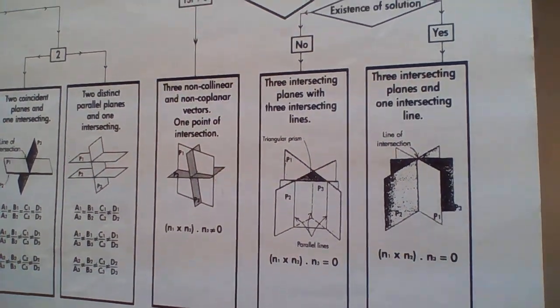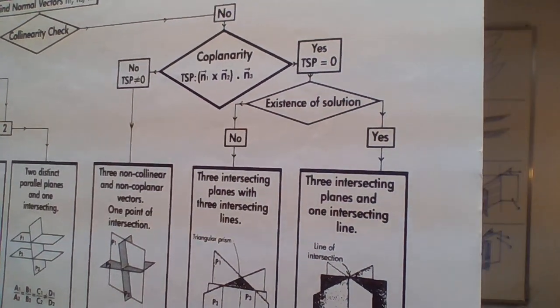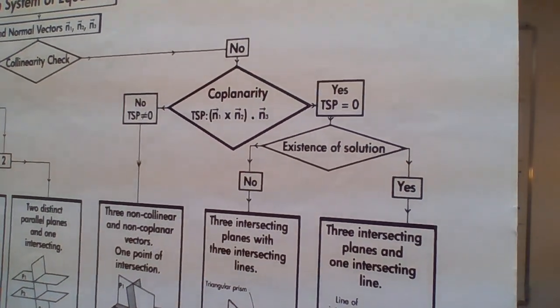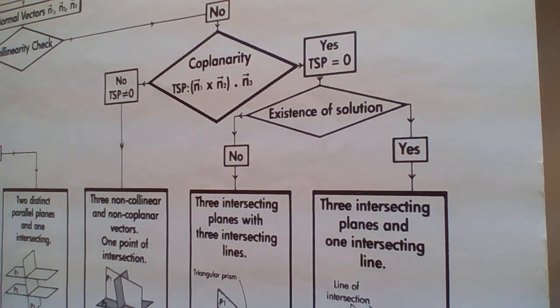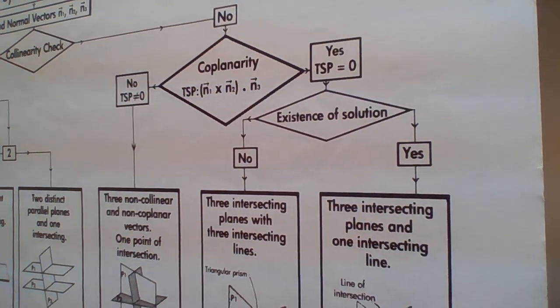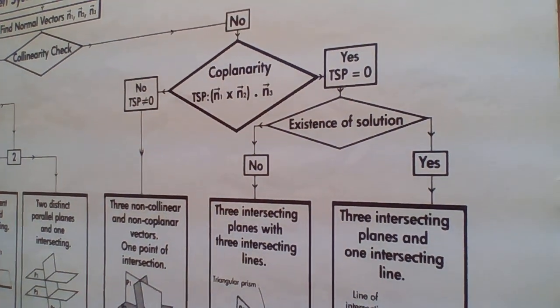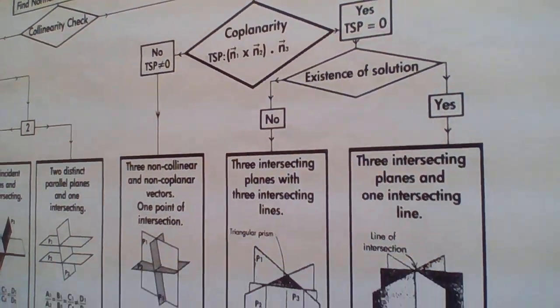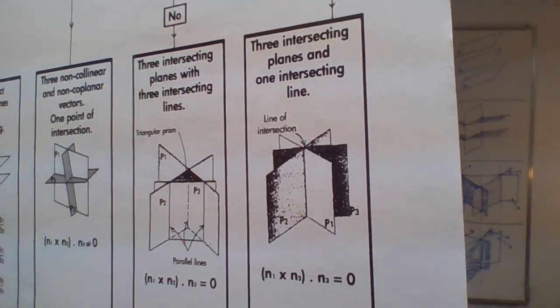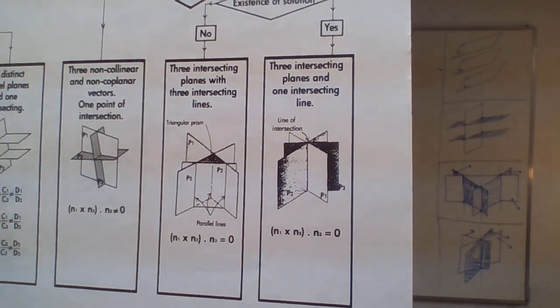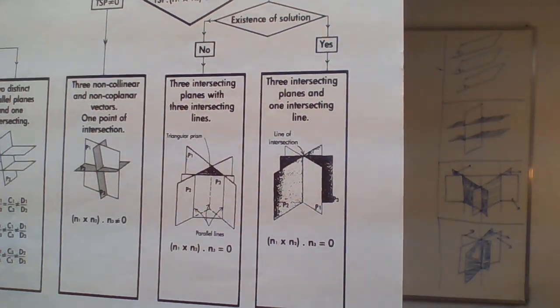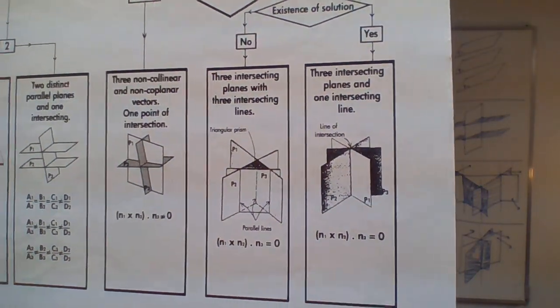of intersection. But if the triple scalar product is actually zero, this means that the three normal vectors of the planes are coplanar. And if they are coplanar, we have two scenarios that may be happening. Either it's a triangular prism scenario, or it is the textbook scenario, right?